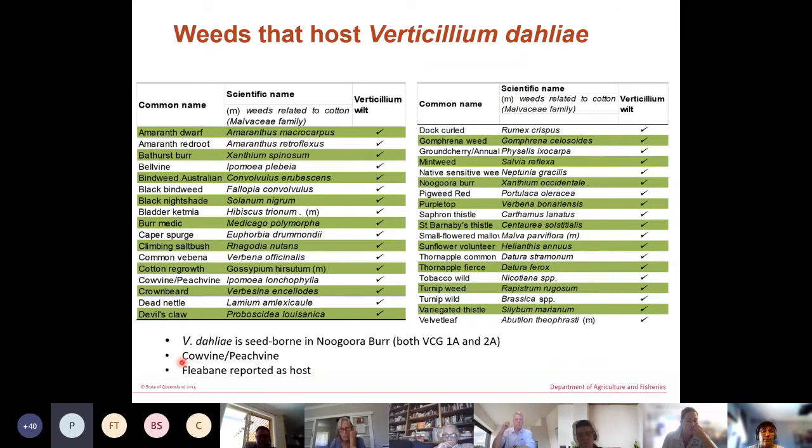The other key one in our cotton fields is cow vine, peach vine. That's a host. And even though not listed in this table, fleabane is an issue, and I've read that it's also reported as a host of Verticillium dahliae. So there are 3 weeds that would definitely be key for managing.